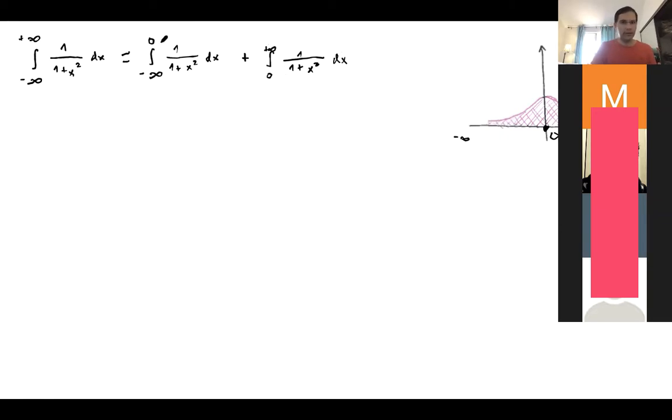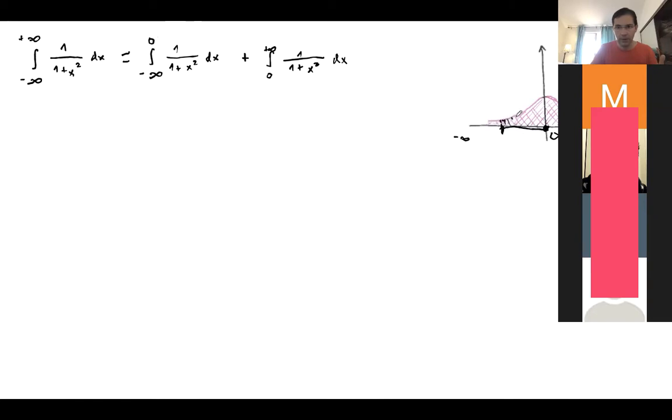So let's do one at a time. Let's do this one first. How to compute this integral from negative infinity to 0? What I'm going to do is fix some point, maybe in here, and I will be looking at this integral from this point up to 0. So this is really this area.